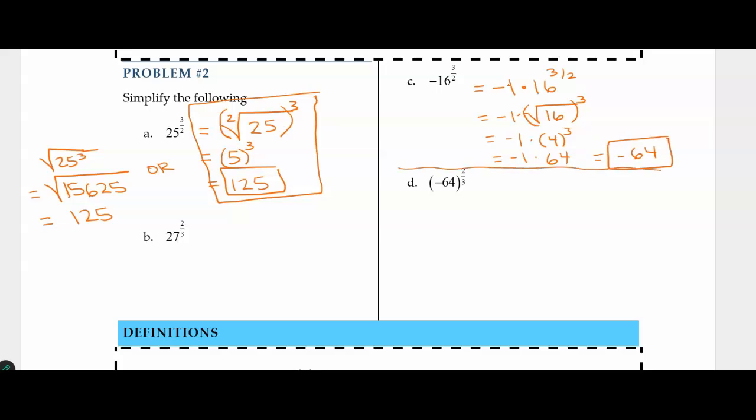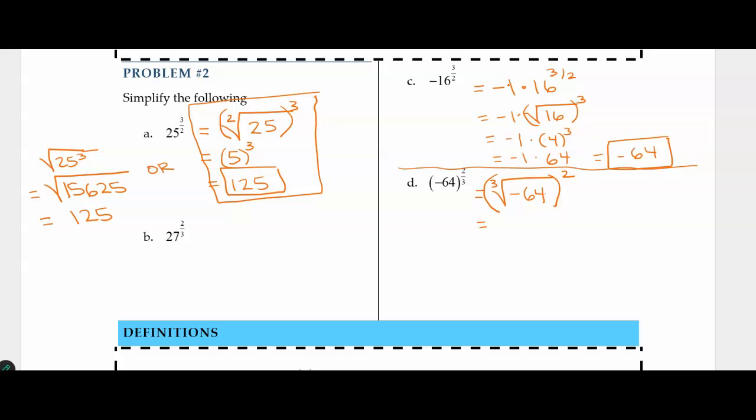Okay. Where on this one, right, this is inside that -64, everything's inside. So when I write this, I've got the cubed root, so I'm going to put a 3 out here, of -64 all squared.